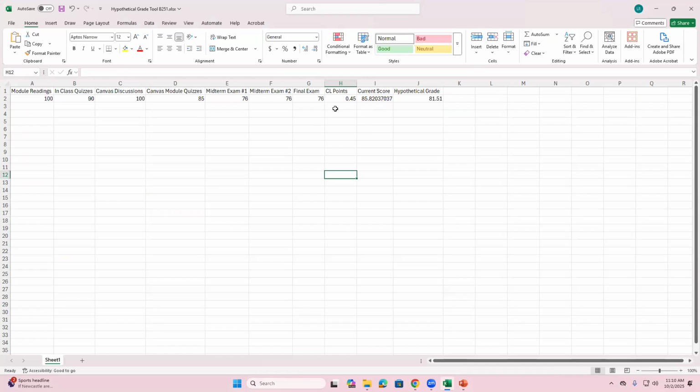So if you want to give yourself a worst case scenario, I have this hypothetical grade tool that I showed you last class, but there's a way to use it to give yourself a worst case scenario. So you put in what your current grades are in every category. You've got your midterm exam grade. If you make your midterm and final exam that exact same, so you assume I keep getting the same scores on my exam, the hypothetical grade would tell you this is the worst case scenario.